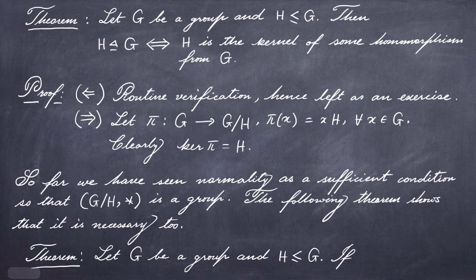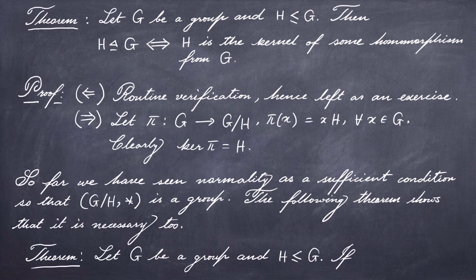Now let's observe that we have obtained the condition called normality as a sufficient condition for making the set of all left cosets a group with respect to the star which has been defined earlier.